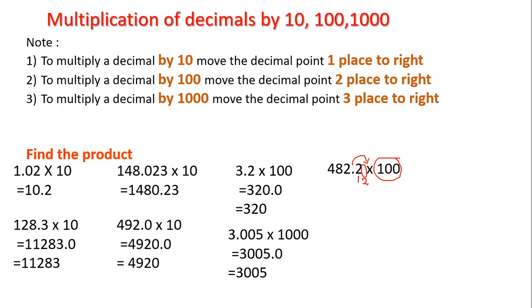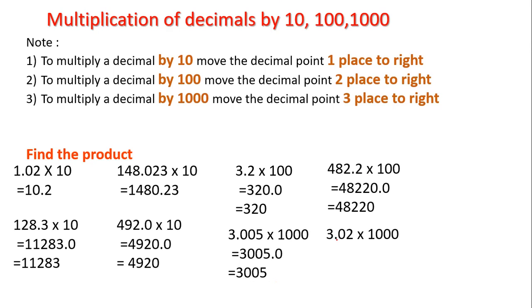So after 0, we will place the decimal point. The product will become 48220.0. There were no other digits to represent the decimal places, so I used 0. So the actual answer will become 48,220.